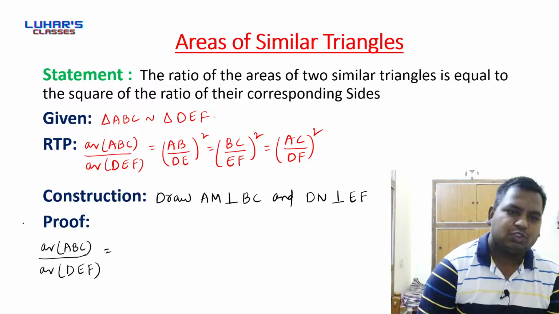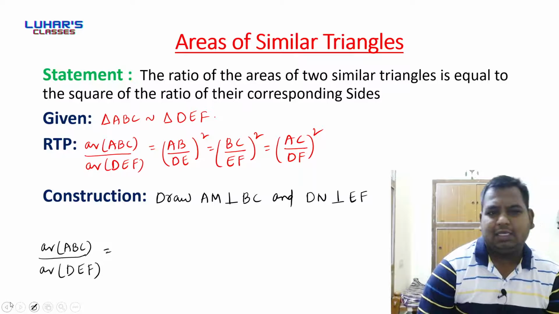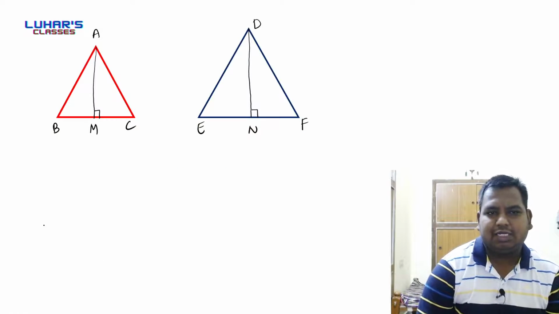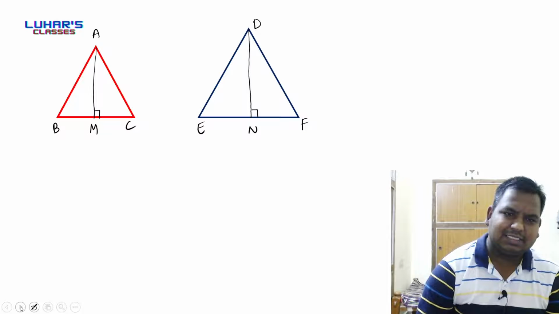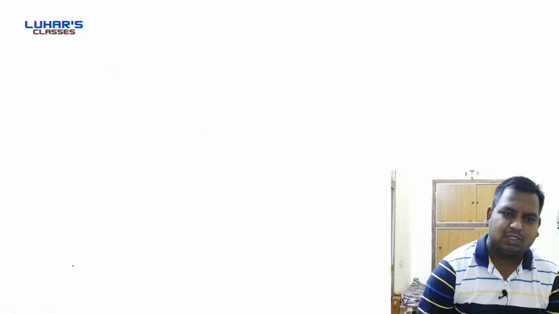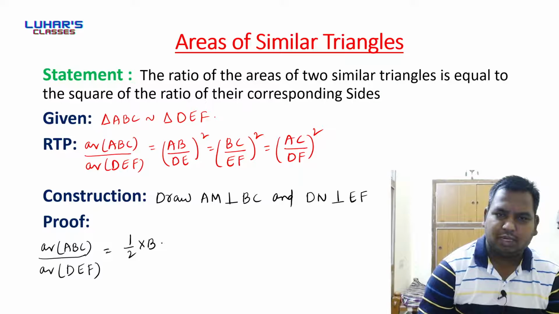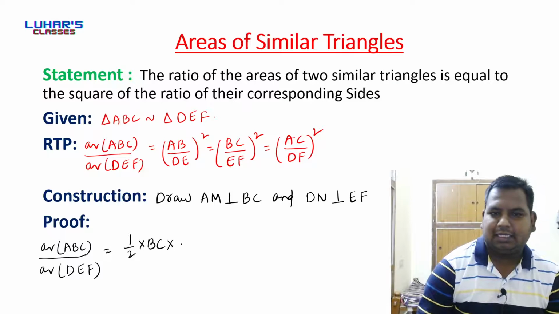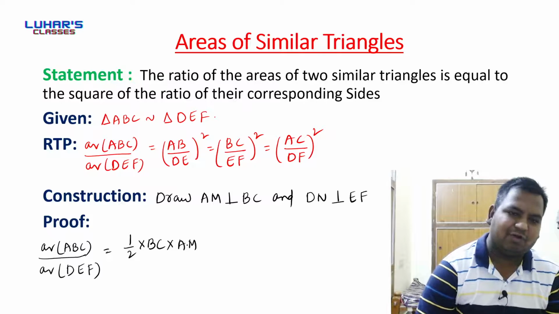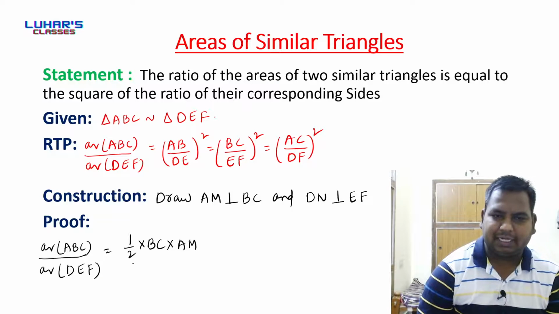What is area of ABC? Area of ABC is nothing but half into base into height. Here base is BC and height is AM, so we have half into BC into AM. Half into base into height is the area of triangle formula, and that formula I have applied here.